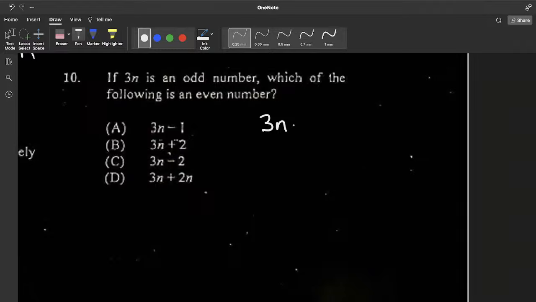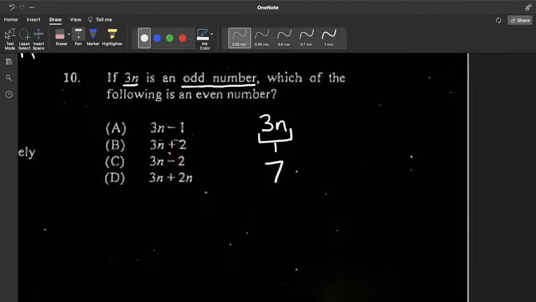We know that all odd numbers are 1 less or 1 more than each even number. So let's treat 3n as any odd number that we could think of. I'll just say 7. There's no other reason than I'm just saying that 3n represents an odd number, 7. So let's use this for instance.